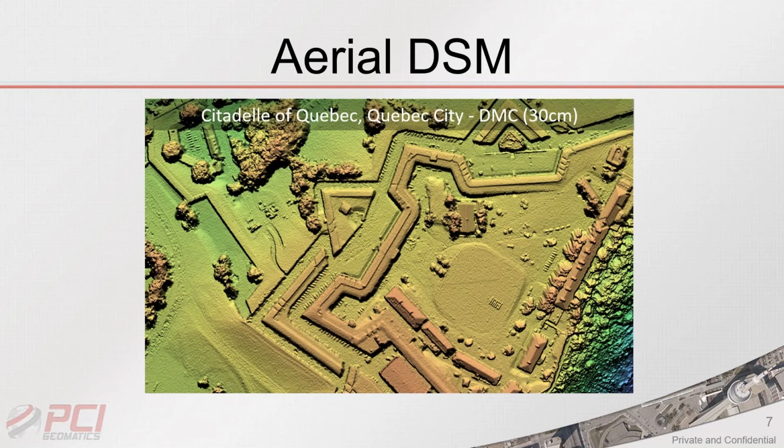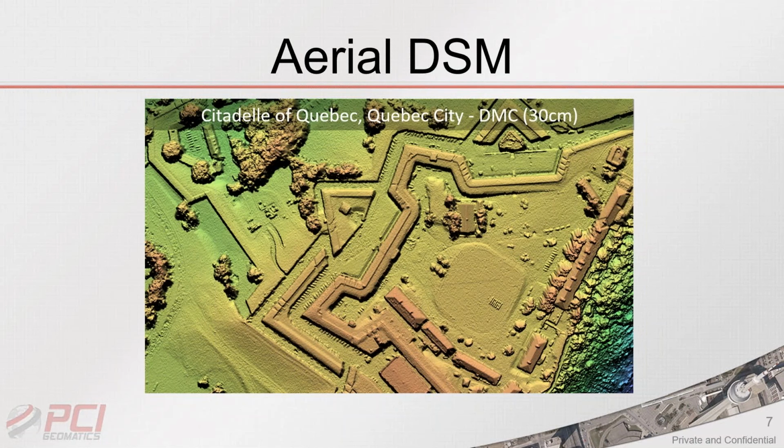We see small slopes on here. We can see vegetation. So these are tall trees. We can see individual vehicles that are parked along the various parking areas here, and we can also see this really interesting structure here. This is a military facility in Quebec City, Canada.